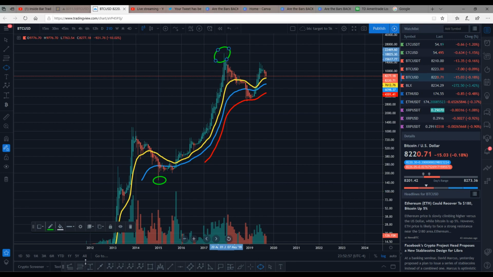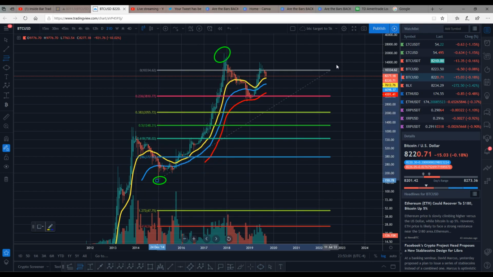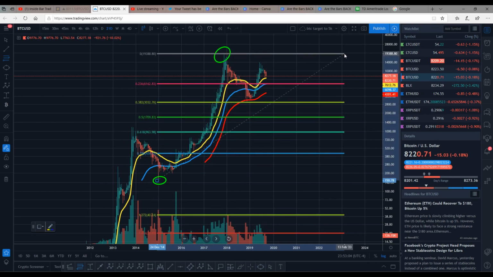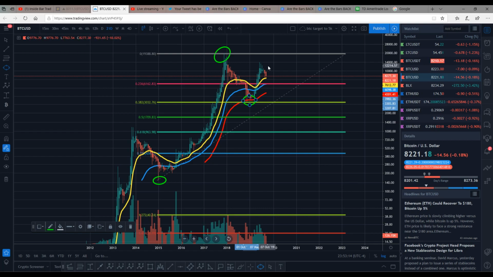If you do a swing low from this area of 150 all the way up to 20,000, give or take, 1966, something like that, you can see we got exactly a 382 pullback, and got supported by the 100 EMA on Bitstamp, not Binance, on Bitstamp, and pushed upside. So the next level we could be looking for is a 50% pullback.